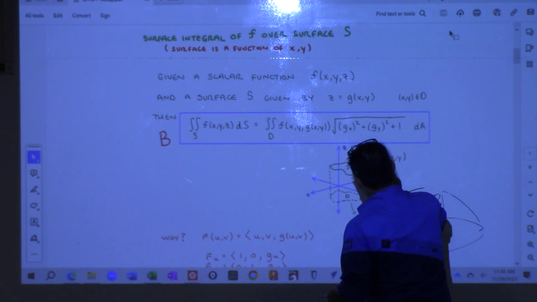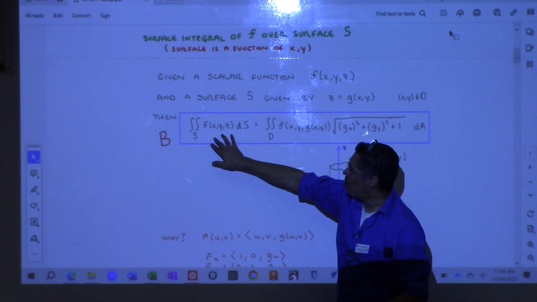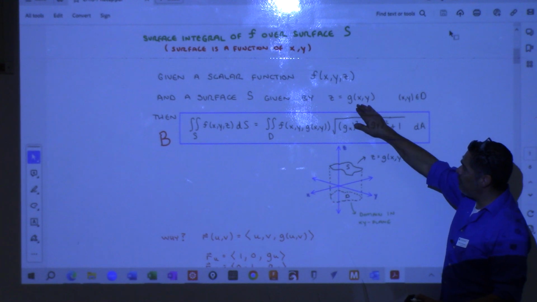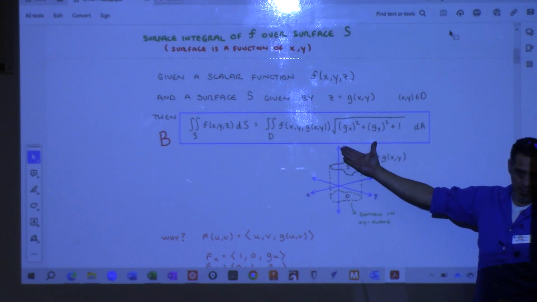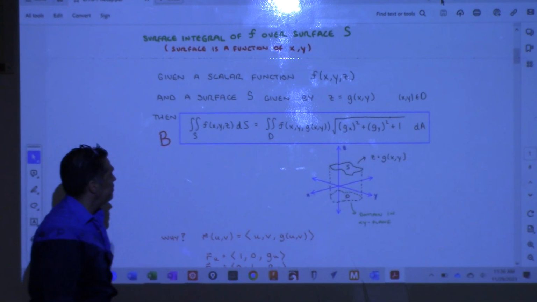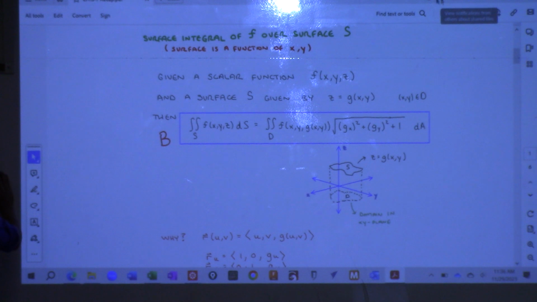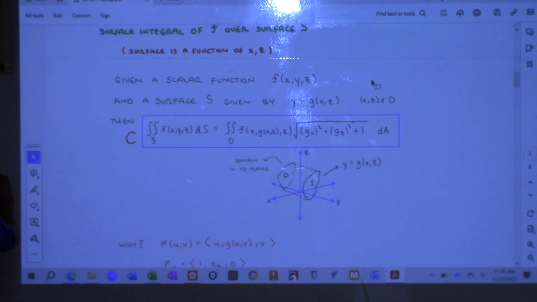Okay, so quick recap. If we're given this surface integral, and our surface turns out to be a function of x and y, then the double integral turns out to be this, all right? Now, the other special case would be this picture. I'll start with the picture. Look at that picture.